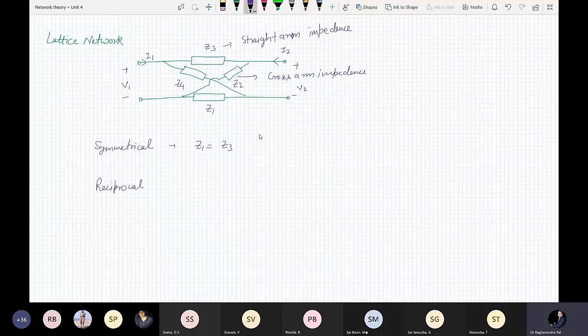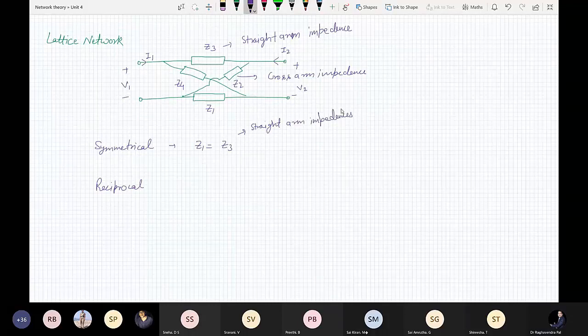It means that straight arm impedances are equal. Okay. So straight arm impedances are equal. Correct.